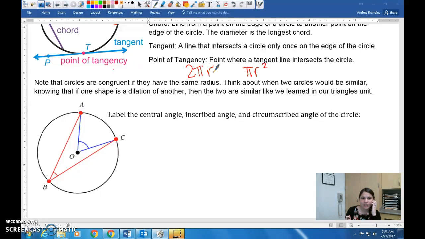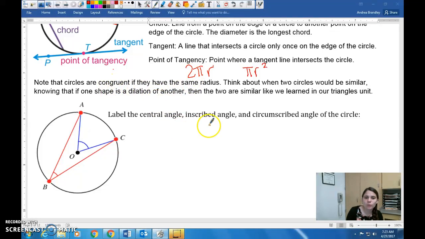If you think back to when you've learned about dilations of other shapes, we talked about how a dilation of a triangle makes the two triangles similar. If we take the side lengths of one triangle and multiply them all by 2, then we have a bigger dilation of that triangle, and those two triangles are considered similar.